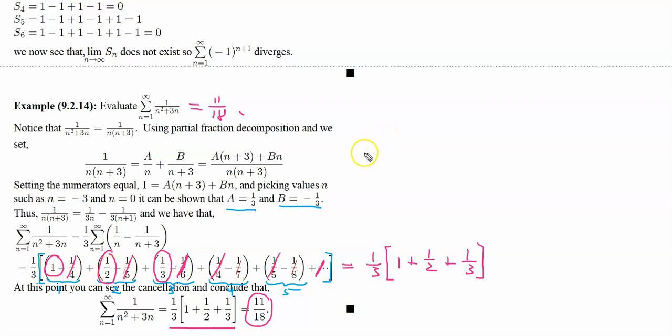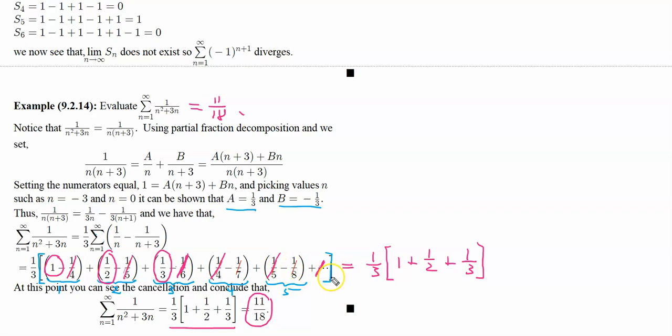And let me mention one other thing. You notice that we didn't bother to look at the nth partial sums and verify that they converge to 11 over 18. Well, that's because if you look at these terms here, you see the 1/4, 1/7, 1/5, 1/8, and so on.